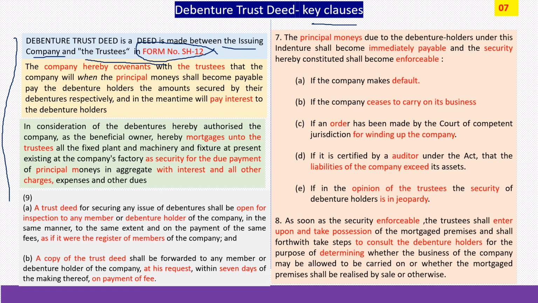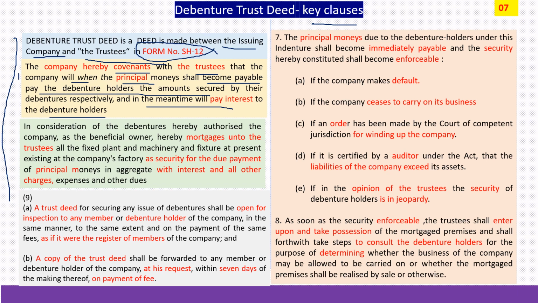And what does the trust deed talk about? The company, one of the parties to the trust deed, agrees with the trustees that they will pay the principal as and when it becomes due, and they offer security of assets and also will pay interest to debenture holders.